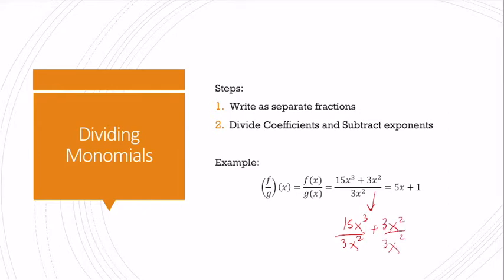So 15 divided by 3 would give us 5. And then if I have x cubed over x squared, that just leaves me with 1x. If I had 3x squared over 3x squared, well, any number over itself is just 1. So that's how we're going to divide monomials.